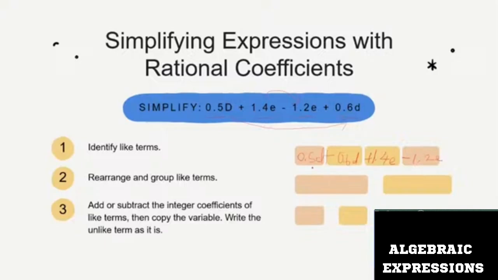Okay, so 0.5 plus 0.6, this will give us 1.1d. Then 1.4e minus 1.2e, this will be 1.4 minus 1.2. This will give us a positive 0.2e. Okay, so that will be our answer there, 1.1d plus 0.2e.